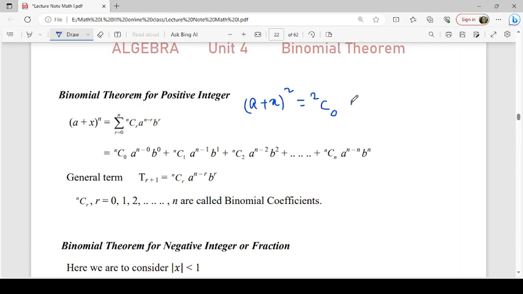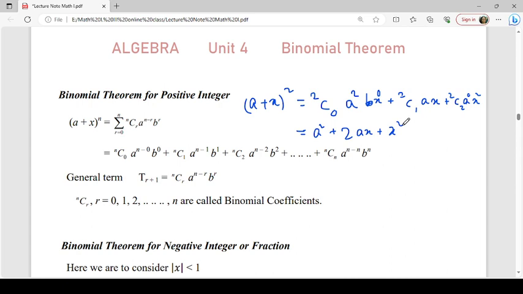So 2C0, then a to the power 2 minus 0 is 2, and x to the power 0, plus 2C1, then a to the power 1, x to the power 1, and plus 2C2, a to the power 2 minus 2 is 0, and x to the power 2. So 2C0 is 1, then a square plus 2C1 is 2, so 2ax, plus x square. So this is for n equal to 2.